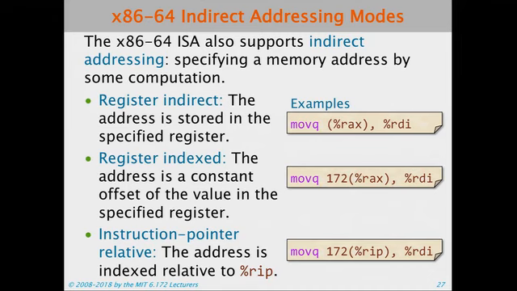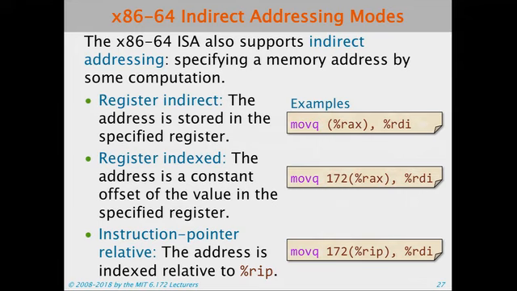There's also indirect addressing. So instead of just giving a location, you say, let's go to some other place, for example, a register, and get the value, and the address is going to be stored in that location. So for example here, register indirect says, in this case, move the contents of RAX into RDI, where the contents is the address of the thing that you're going to move.